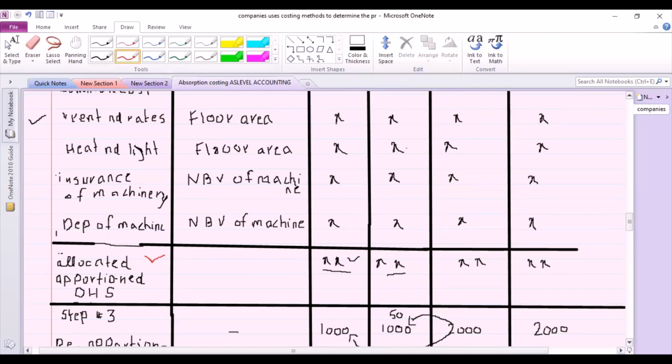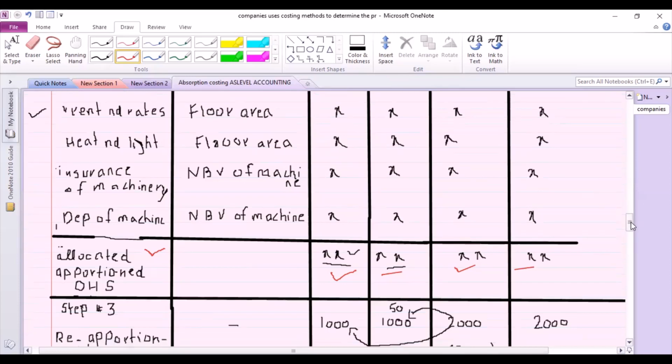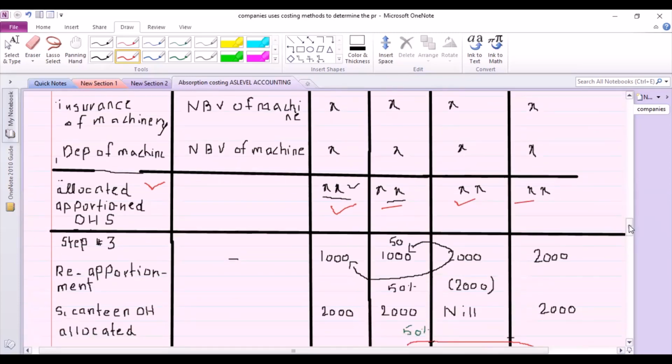We have four amounts related to each and every department: this one, this one, this one, and this one. These four amounts are called allocated apportioned overheads. After that we will do our step number 3, which is reapportionment.